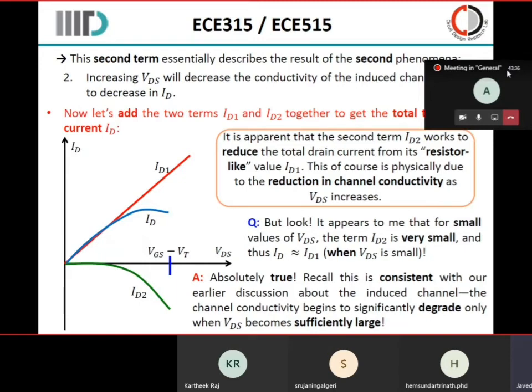So what happens is, when VDS becomes sufficiently large, the induced channel will have a reduced conductivity and the resistor-like behavior is lost, and you will only maintain a resistor-like behavior till just before VGS minus VT is approached.